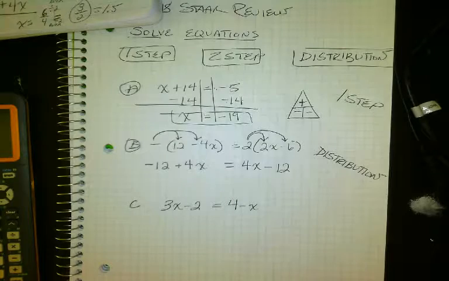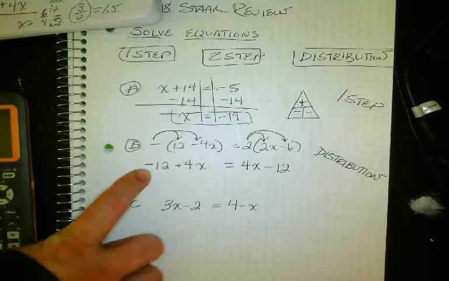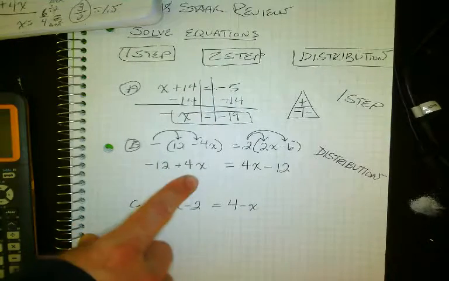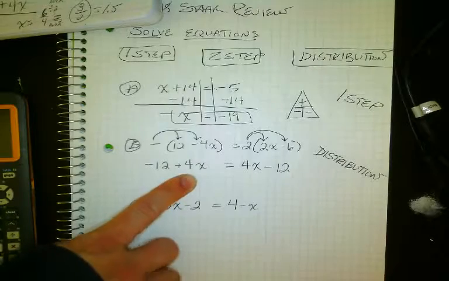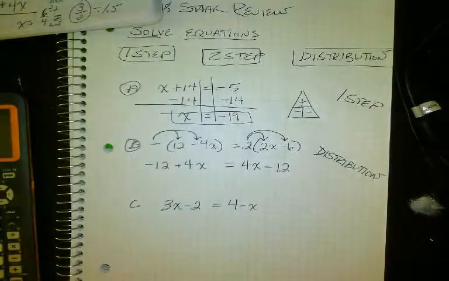Rough. Okay. Mr. Chun, ¿qué piensas aquí? ¿Comienza con positivo 12 o negativo 4x? ¿Qué piensas?